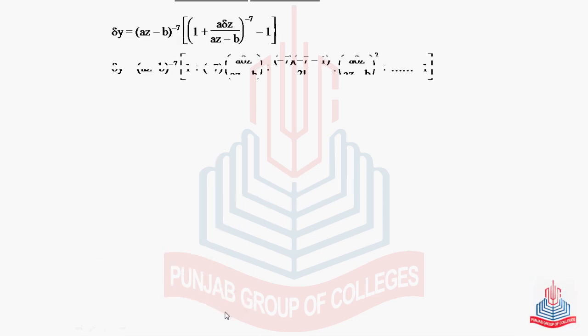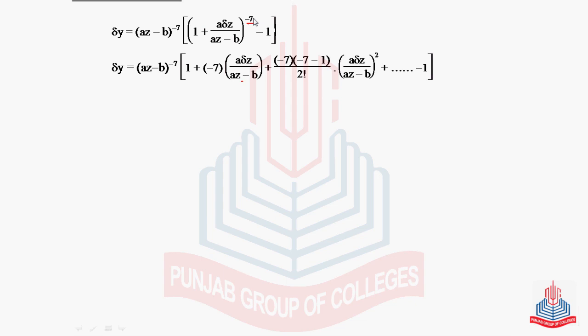which is delta y is equal to az minus b raised to the power minus 7, 1 plus nx, here n is minus 7 and x is a delta z over az minus b, plus n into n minus 1 over 2 factorial, a delta z over az minus b whole square, and so on. Again you must note that this one is a negative integer, so this binomial series will become an infinite series.